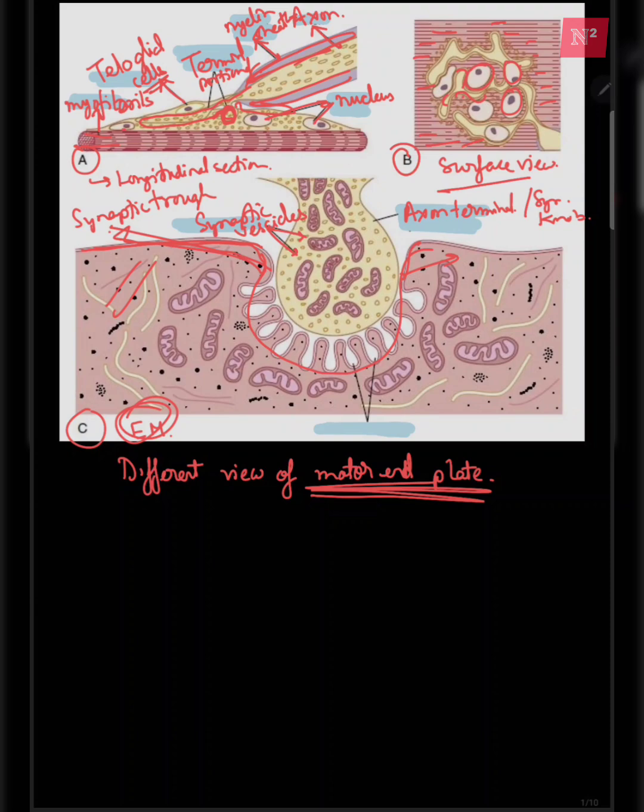And the rugae that is formed in the synaptic trough to increase the surface area of this myofibril is called subneural, that is below the neural tissue, or the nerve cleft. So the figure over here is showing you the different views of the motor end plate.